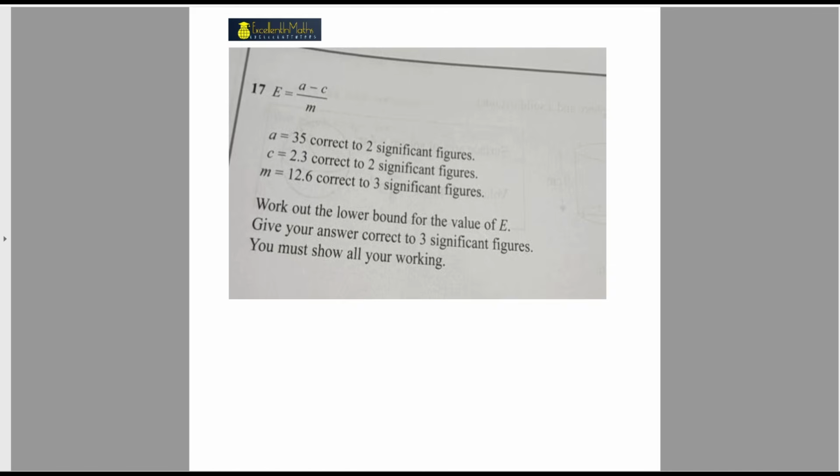Okay, for this one, you need to find the upper and lower bound of each one of these to secure some marks. So the upper and lower bound of this one, 35 to 2 significant figures, is going to be 35.5 and 34.5.